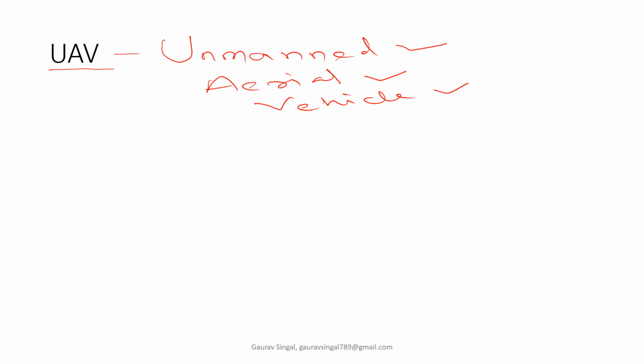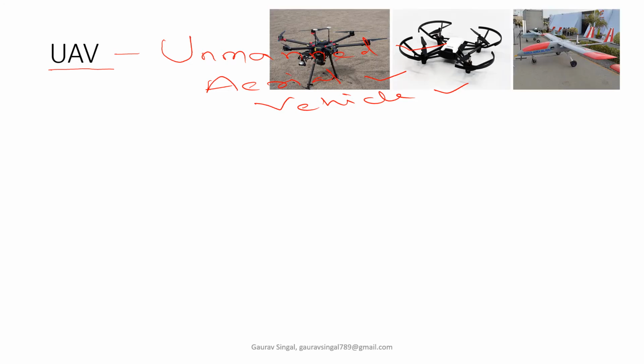Okay, so basically it's a combination of three words. Unmanned means without man, aerial means in air, okay, and vehicle. It's a kind of robot, so you can say it's a kind of vehicle. This is the full form, unmanned aerial vehicle. So you can see the examples there.